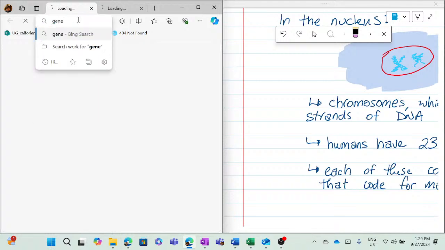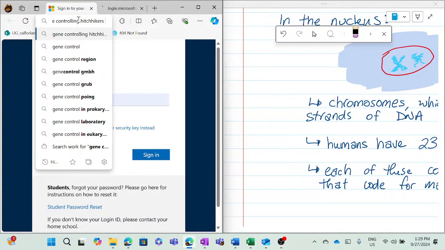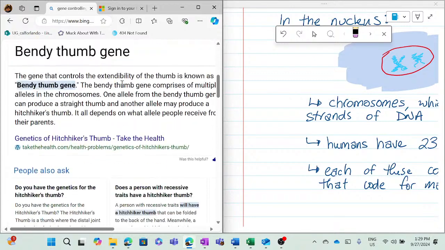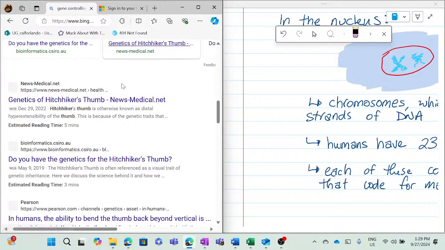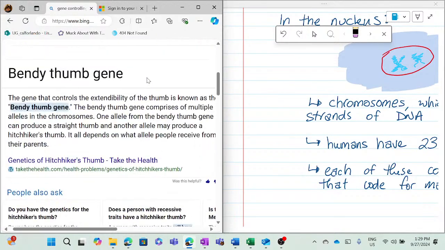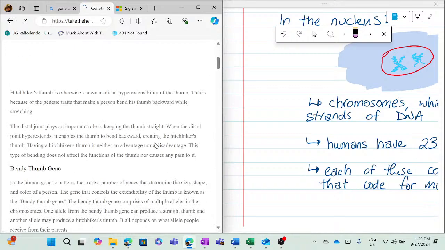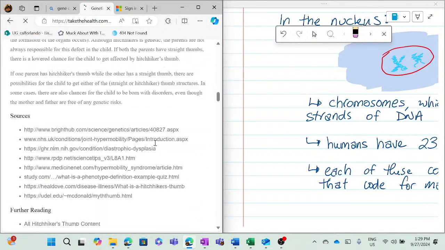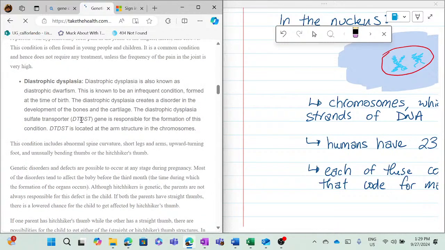For example, yeah, so like we talked about the hitchhiker's thumb, right, or the idea of that bendy thumb. And it's controlled by a gene, right?